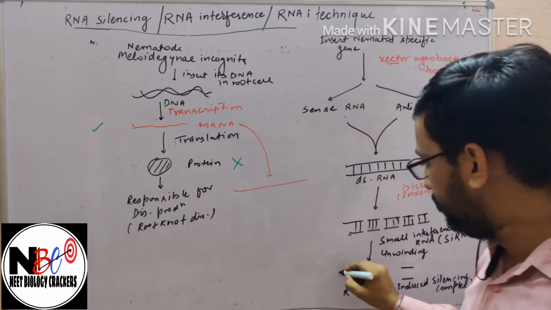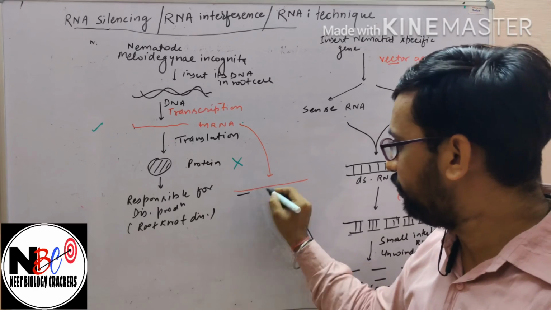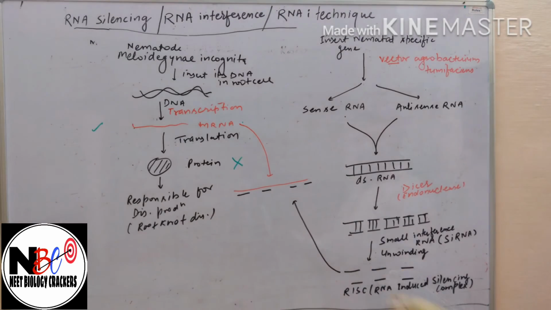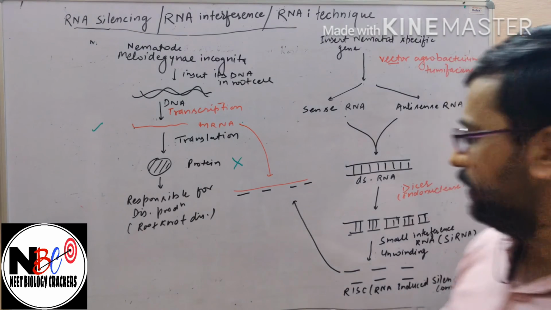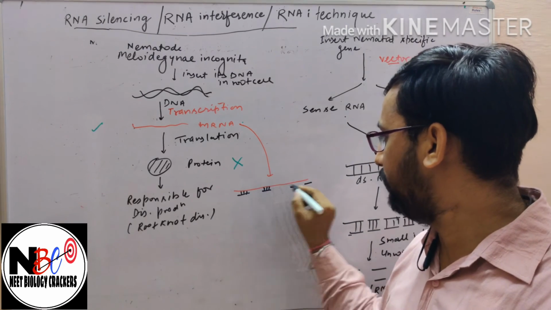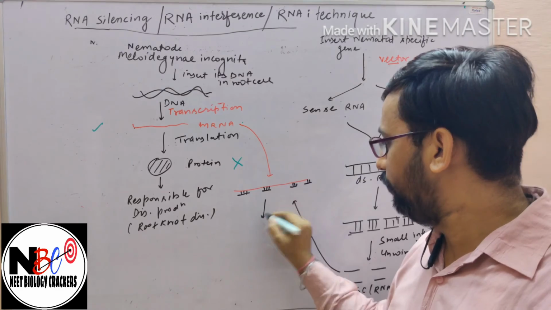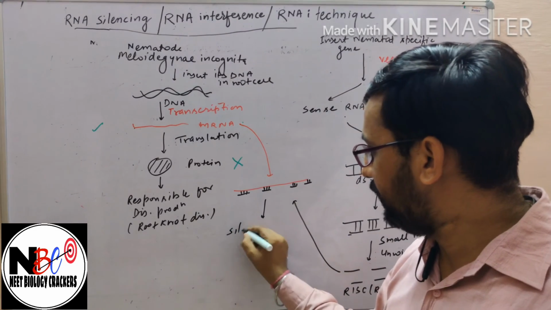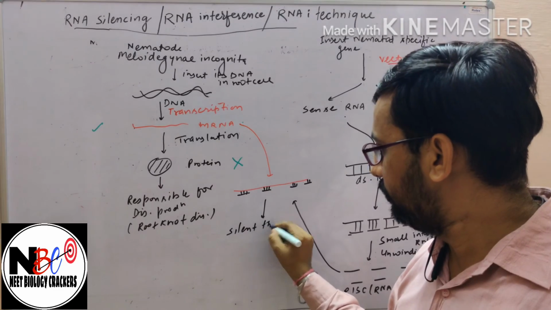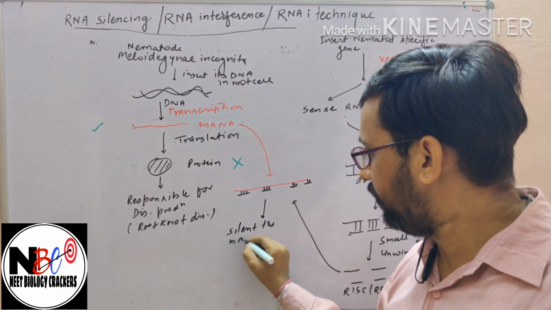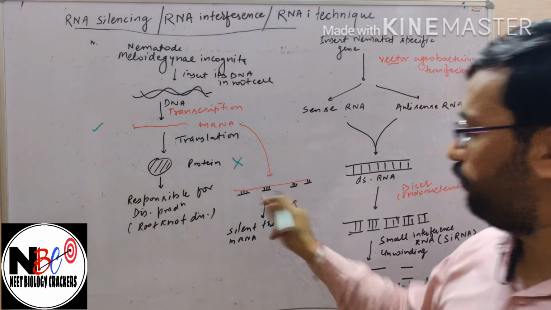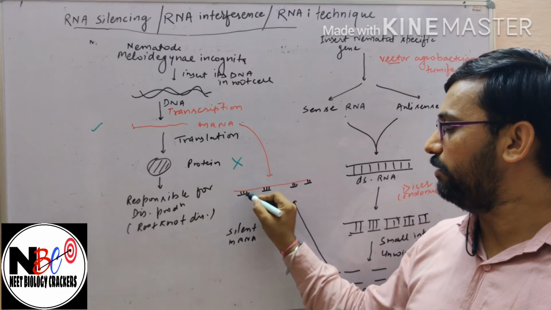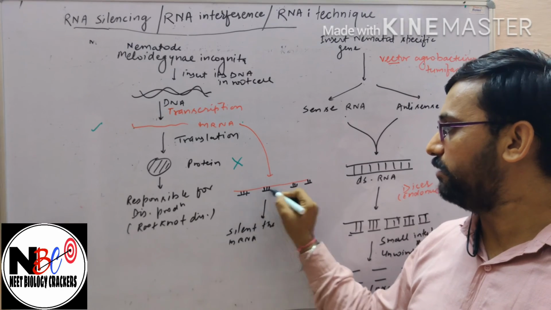You can see these copies are attached on this mRNA. The copies which are complementary to the mRNA attach with it and block the translation, which silences this mRNA, because it is attached with the mRNA and forms double-stranded RNA at some places.